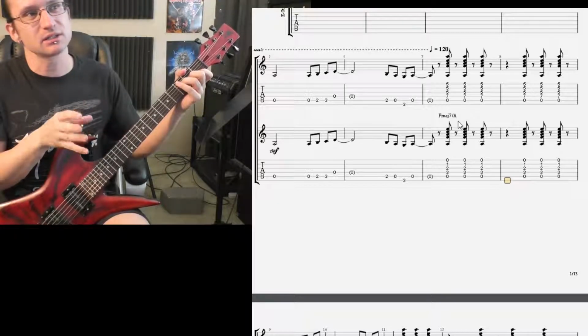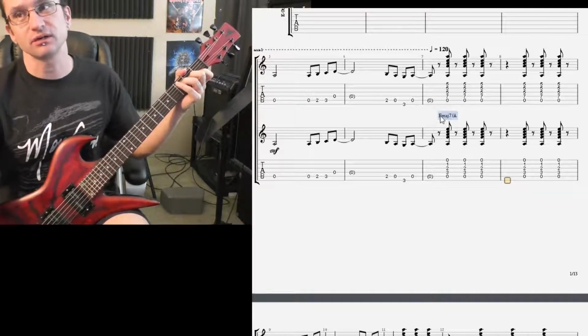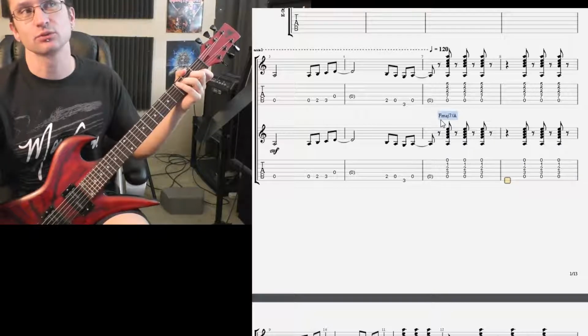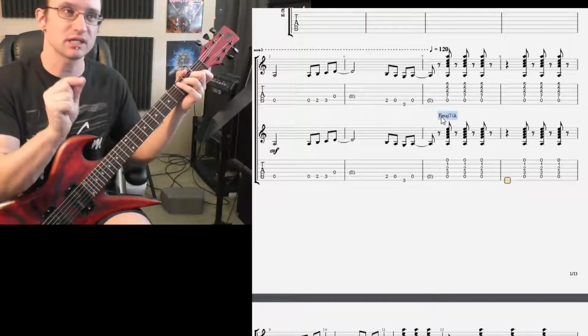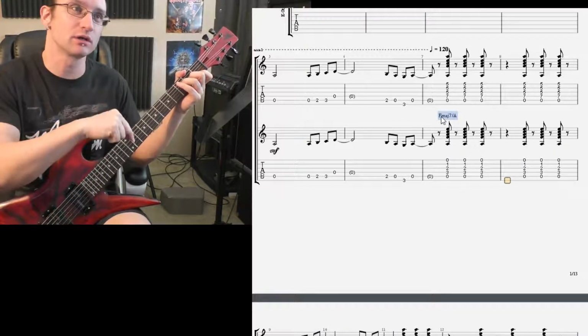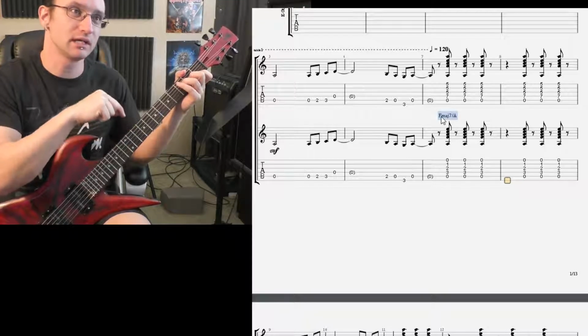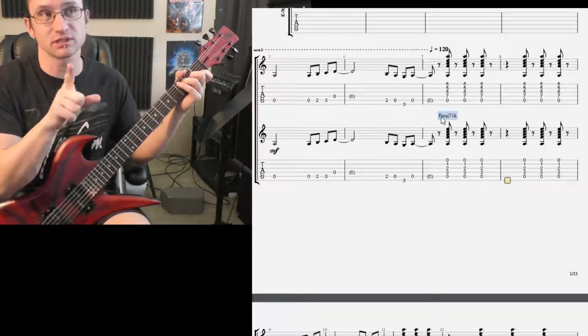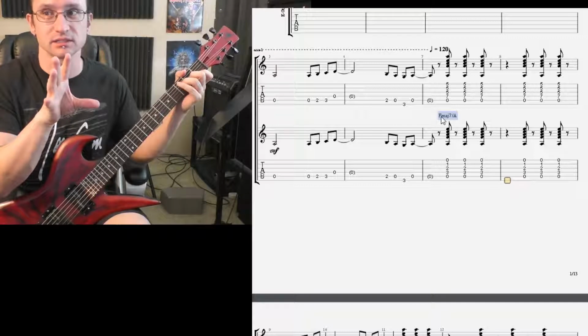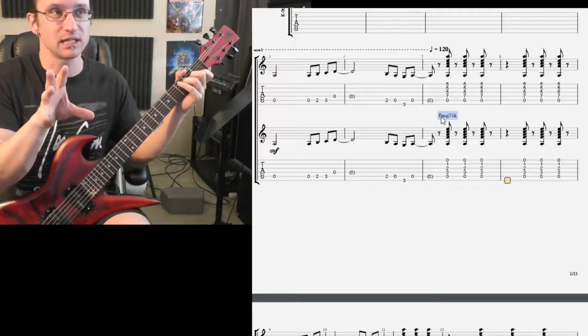It doesn't necessarily mean it's the root note. The root note is still F. You can have a note be lower in the chord and not be the root note. So the root note is still F, because that's how we get our name for the chord.